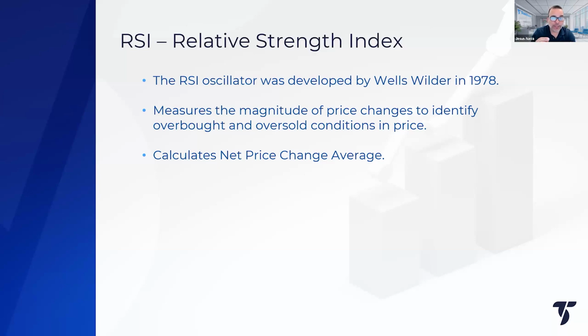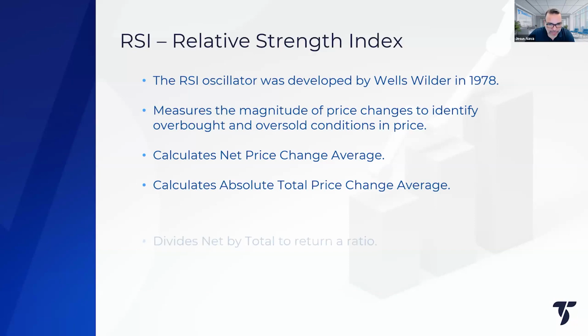Did it change 1 point or 2 points? Those changes are what's being averaged, not necessarily the value of the security. Then it creates an absolute total price change average to plug into a formula, and divides the net by the total to return a ratio.